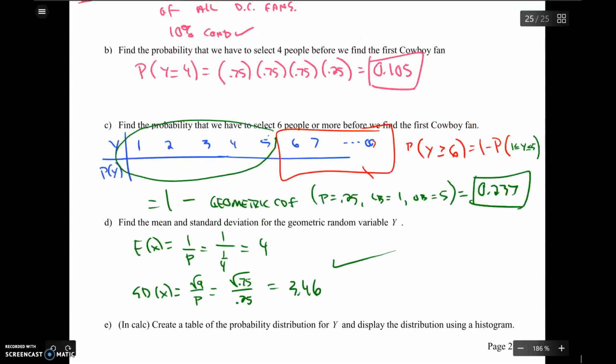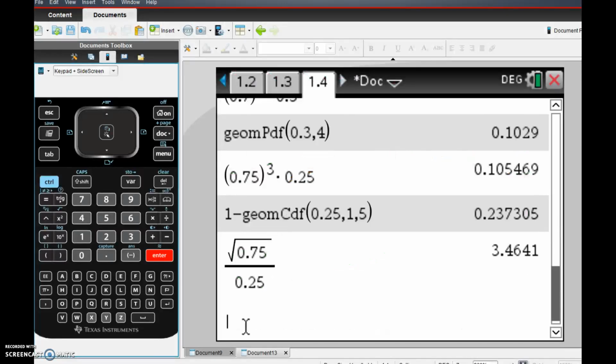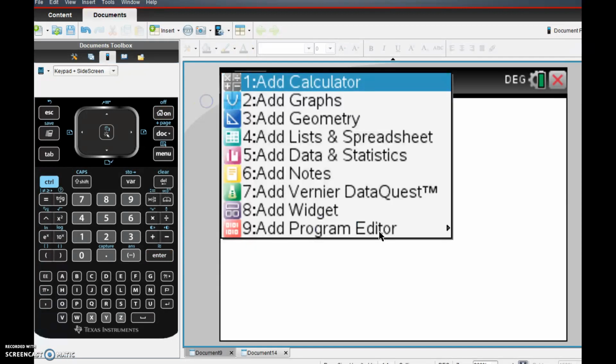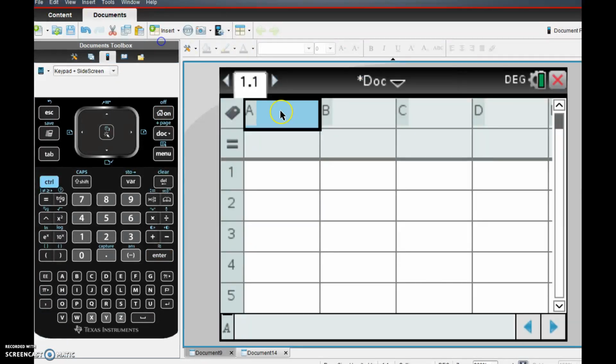Okay. In the calculator, create a probability distribution for y and display the distribution using a histogram. All right, so I'm going to do this really quickly. Again, why this is hard is because the model, the outcomes actually go to infinity. And I can't make the outcomes go to infinity. So I'm just going to make them go pretty big. How big?